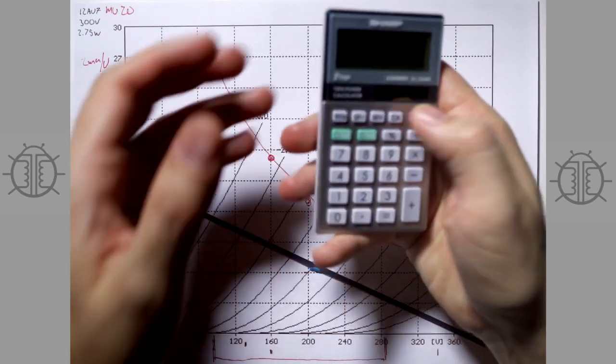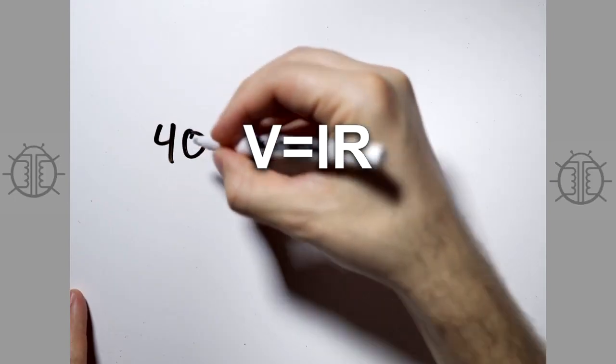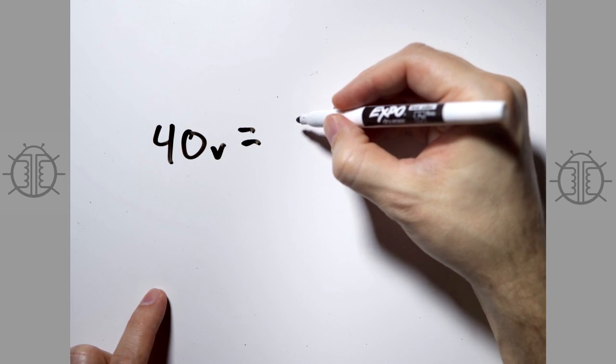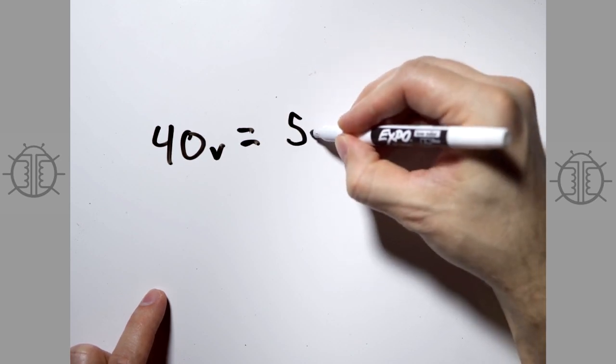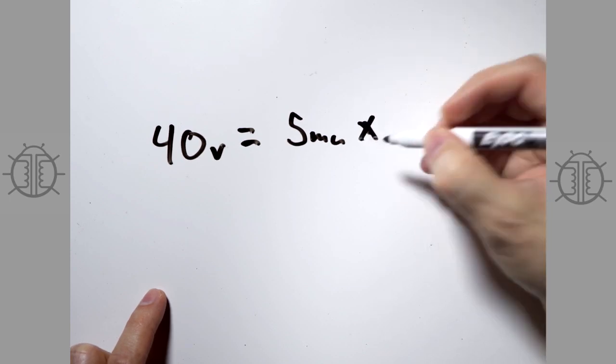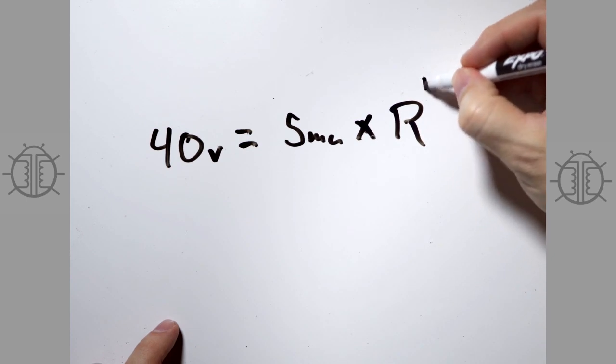And so then what we do is we go back to Ohm's law. 40 volts equals 5 milliamps times our plate resistance here.